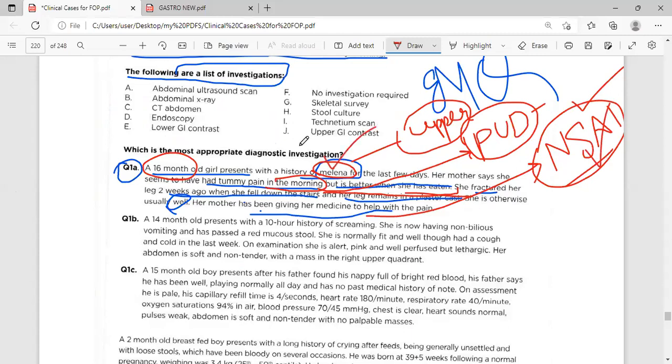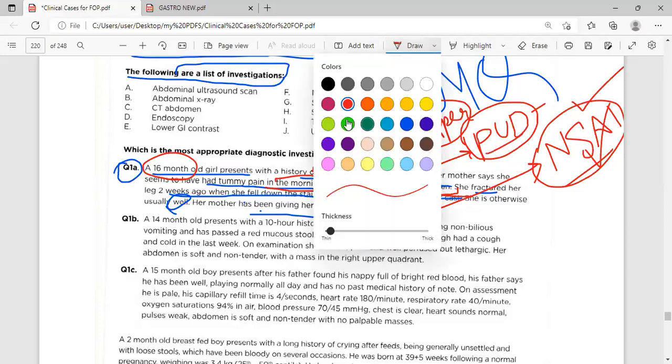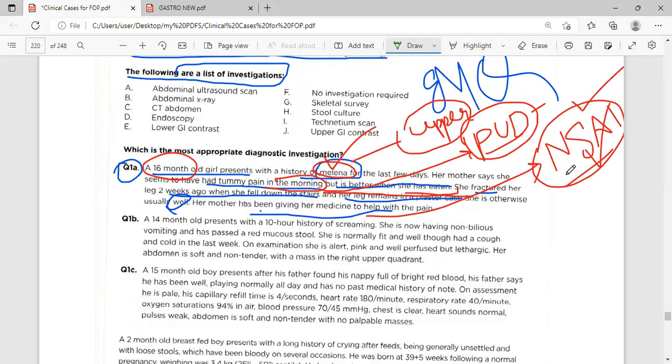As you can see clearly, in this question they have not mentioned peptic ulcer disease, or that NSAID was used. But how to make it out? From the clues given, you have to make out the answer.